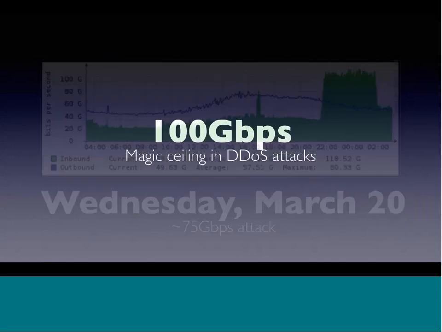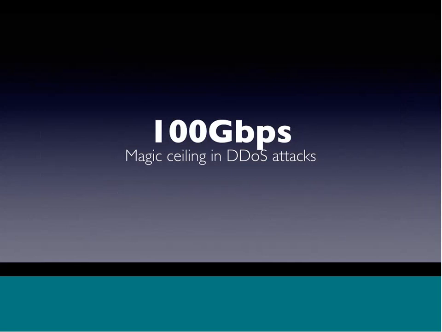And then there's this question about the 100 gigabit attack, sort of a magic ceiling in DDoS attacks. The reason why is that in one single location, you can't actually get networking gear to deal with more than 100 gigabit of traffic.